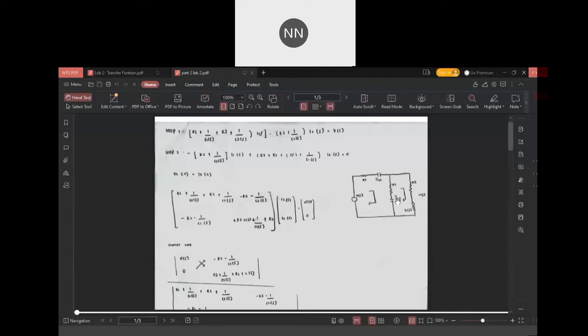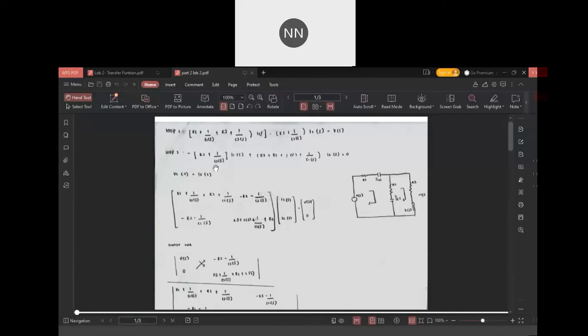For loop 1, we get (R1 plus 1 over C1s plus R2 plus 1 over C2s) I1(s) minus (R2 plus 1 over C2s) I2(s) equals V(s).